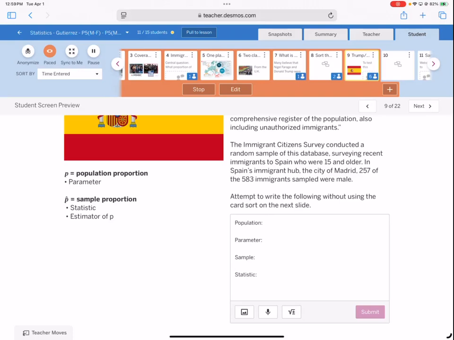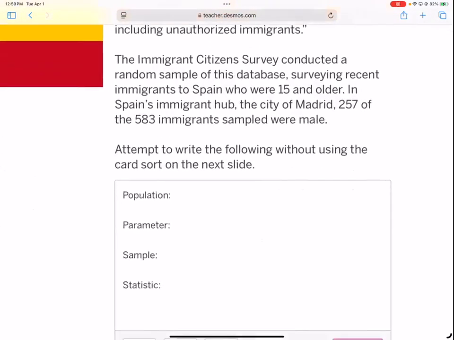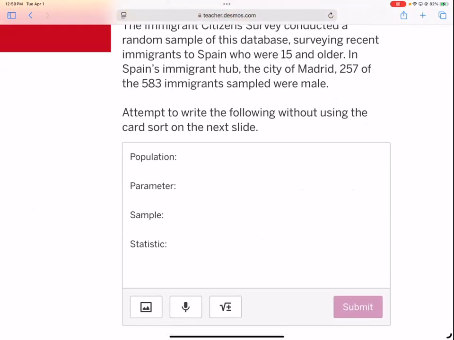Based on this final paragraph, who is the population? What is the parameter of interest? Who were in the sample? What was the sample? And what was the statistic that was found? Can you find these 4 pieces of information? They are important. We'll give you 2 minutes to attempt it, and then I'll go over it.